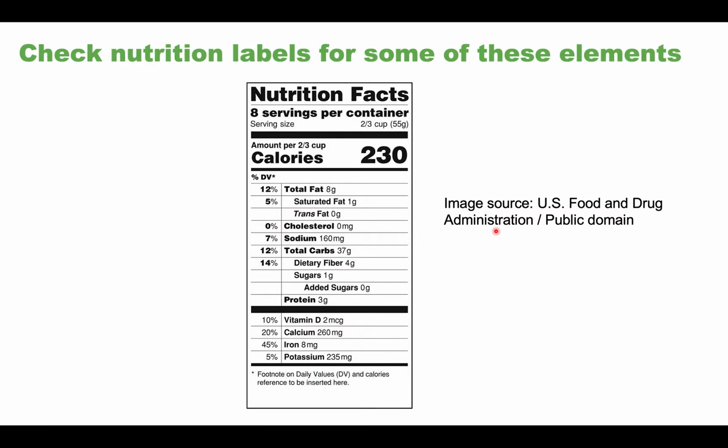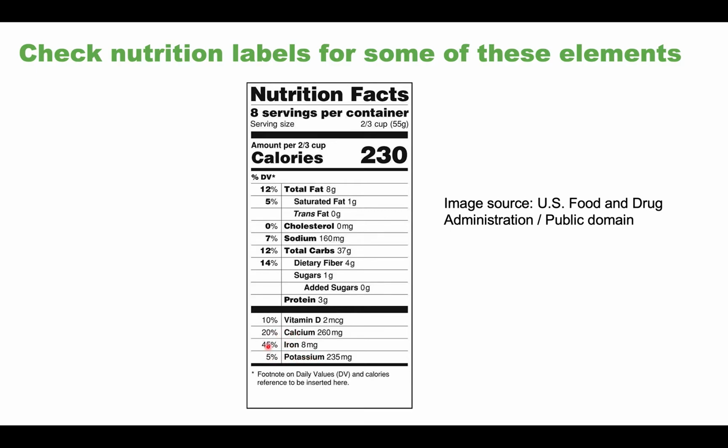You can see some of these elements that are required in your diet, because your life depends on it, in the nutrition labels of the food that you commonly buy from stores. In this case, we see calcium and iron and potassium.